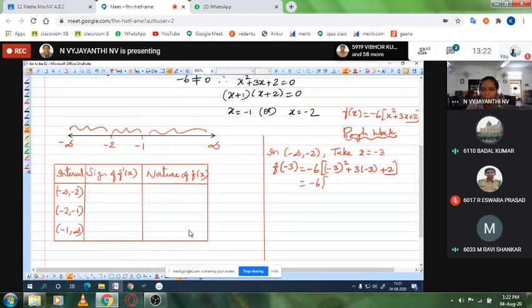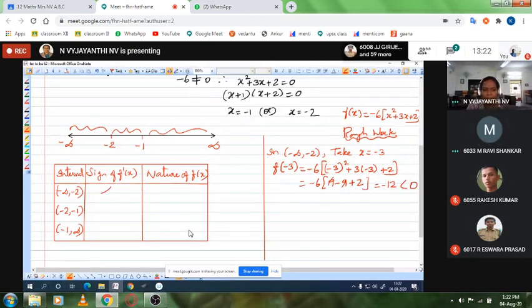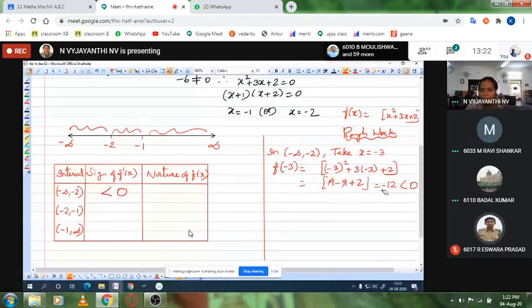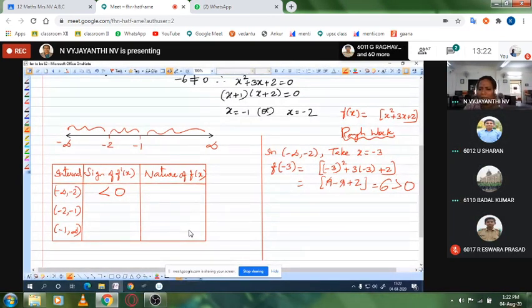What will you get in that case? 9 minus 9 plus 2, which is 2. If you had avoided this minus 6, what must the symbol be? Plus, it would become greater than 0.